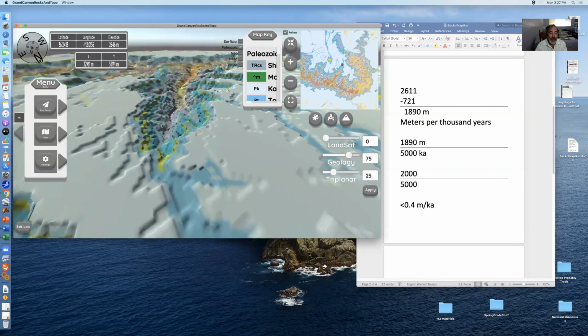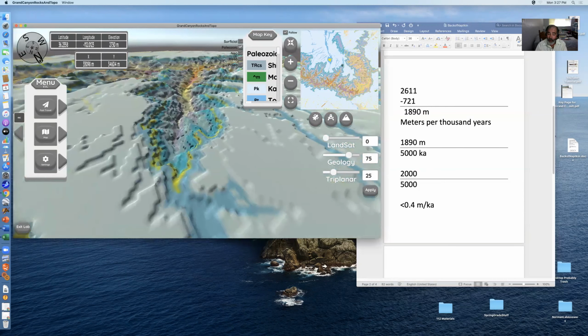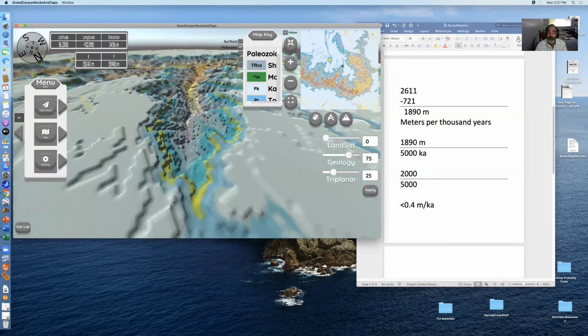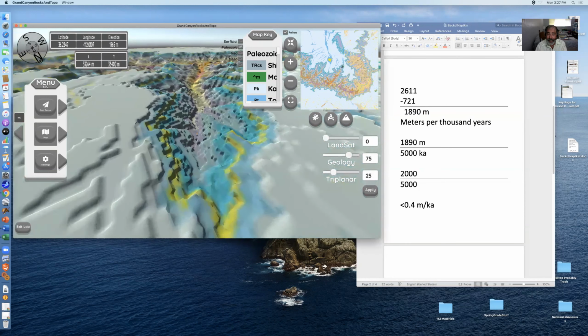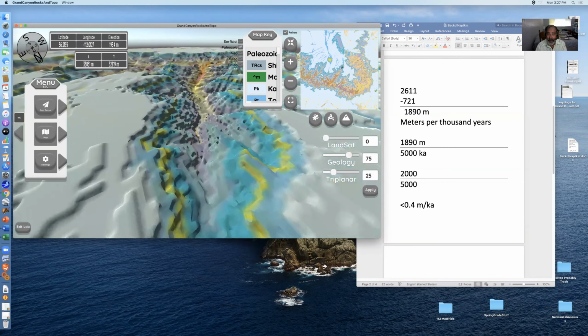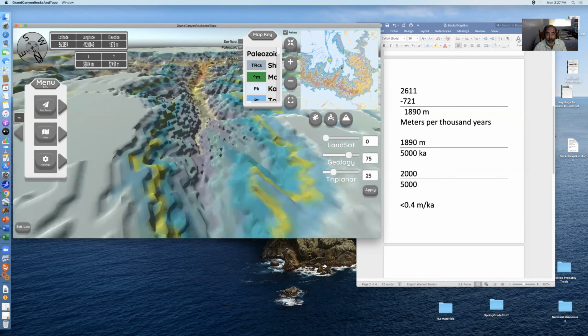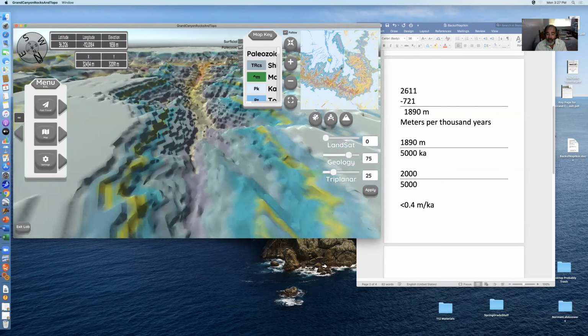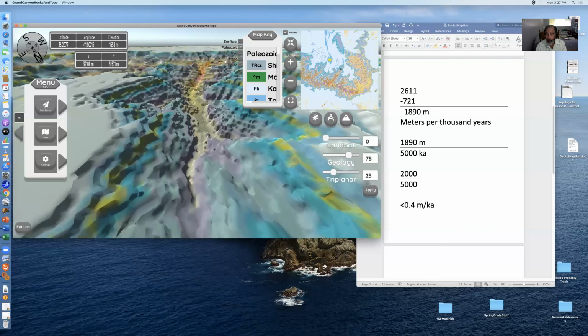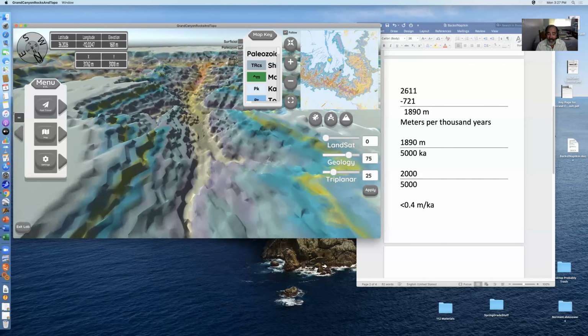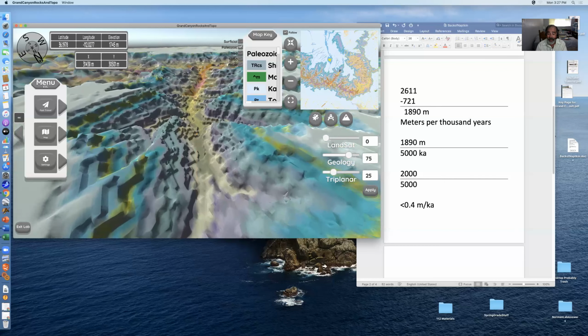So if you move the rabbit down the bottom, you could almost picture the river of the Bright Angel Creek slowly incising, slowly cutting down at an incredibly small, low rate of just a little bit less than 4/10 of a meter every 1,000 years.